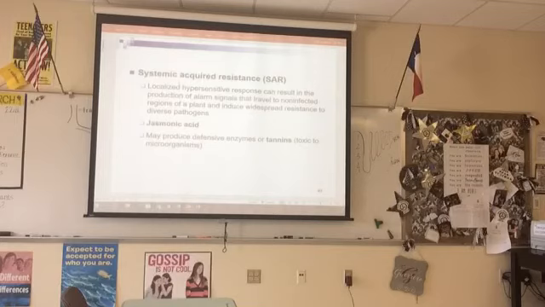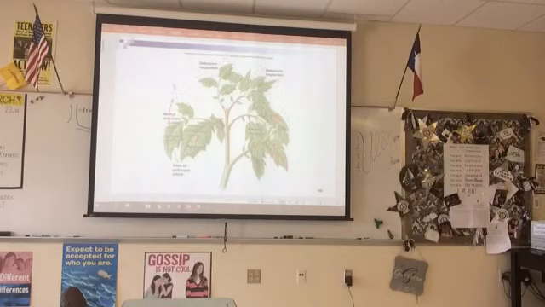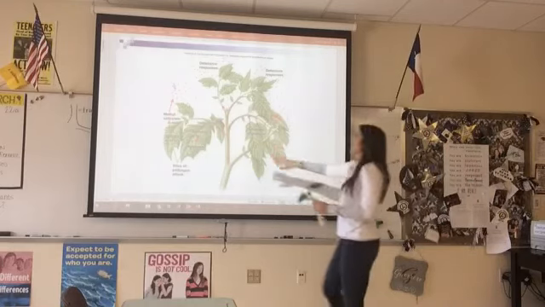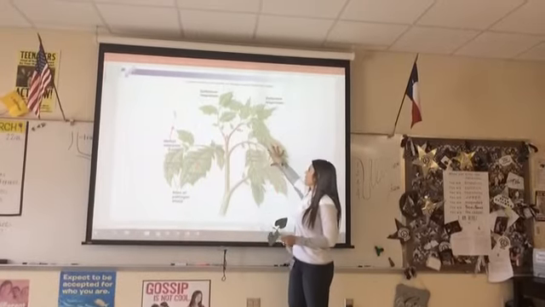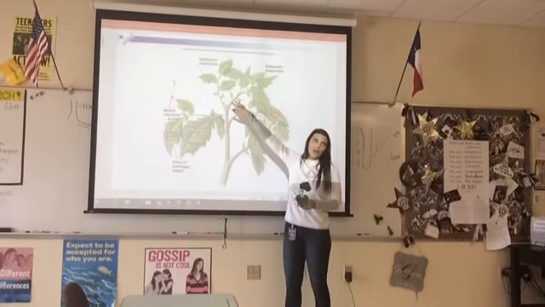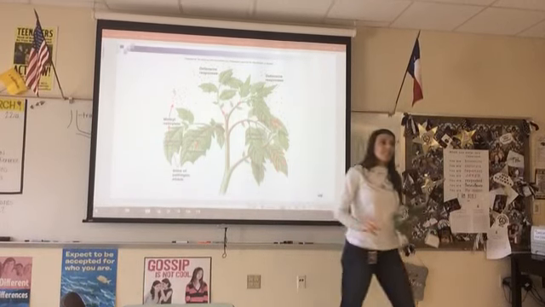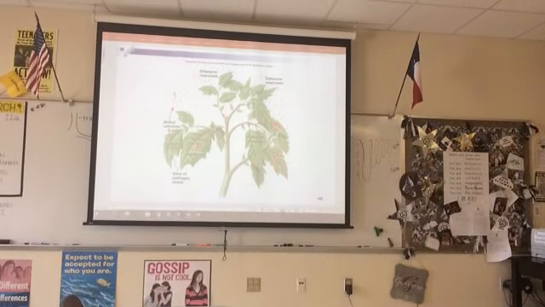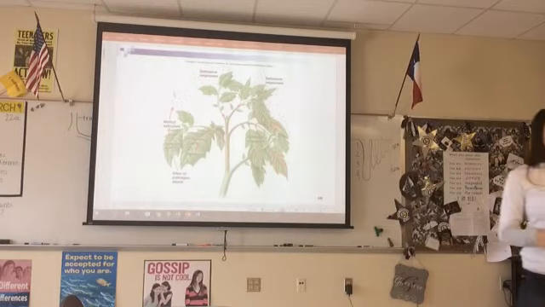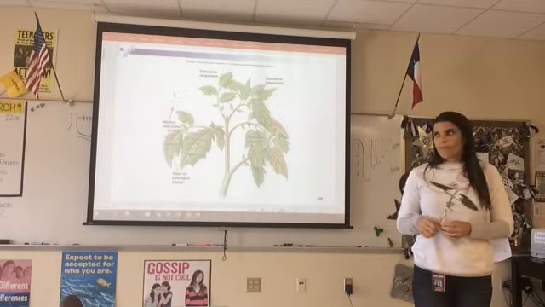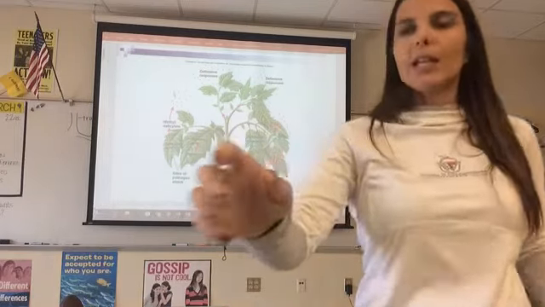Just at the individual level. And that's showing you the plant doing that for itself. So it's transporting the jasmonic acid throughout the plant so that it can get to the other aspects and they can all go into lockdown. So that's what's happening here. That's the systemic acquired resistance. Any questions here? Okay, that's the end of that section.